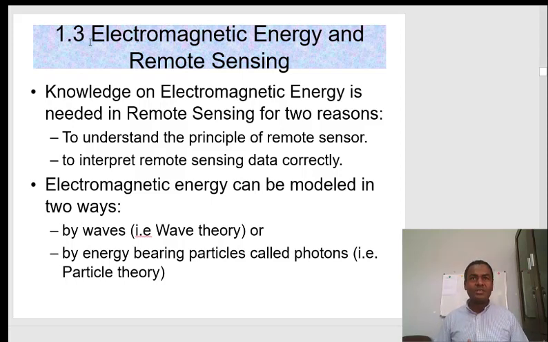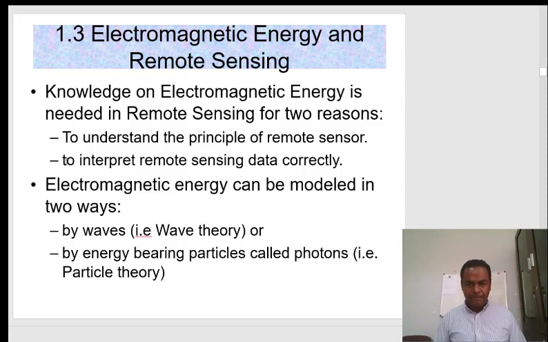In order to understand how they operate, how they function, we need to know electromagnetic energy. The second reason why we have to have knowledge of electromagnetic energy is to interpret remote sensing data correctly.